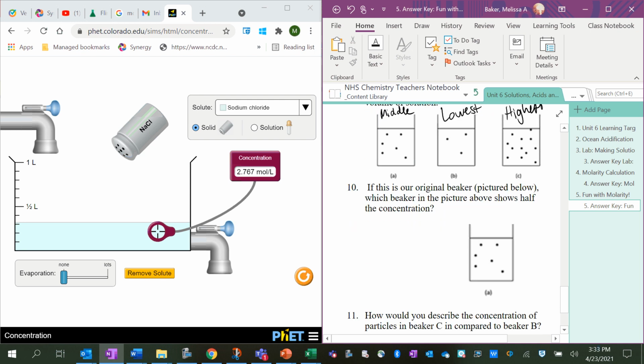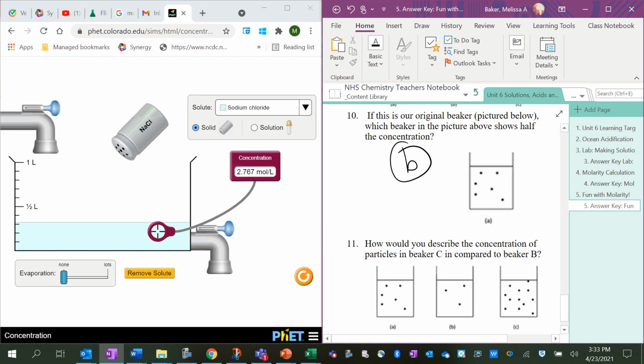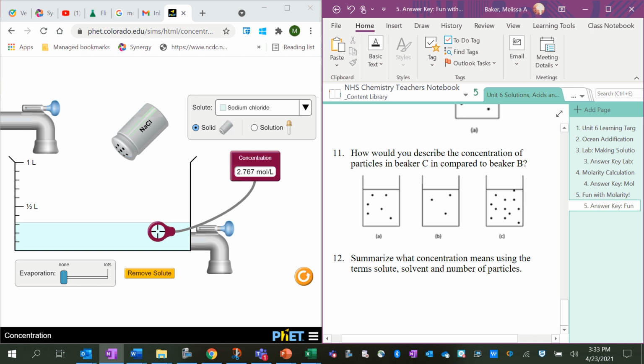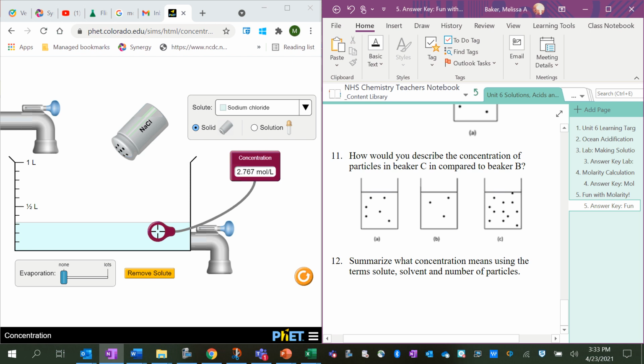If this is our original picture, which beaker in the picture above shows half the concentration? B. How would you describe the concentration of particles in beaker C compared to beaker B? Well, beaker B has 3 moles per liter, if each is representing a mole.